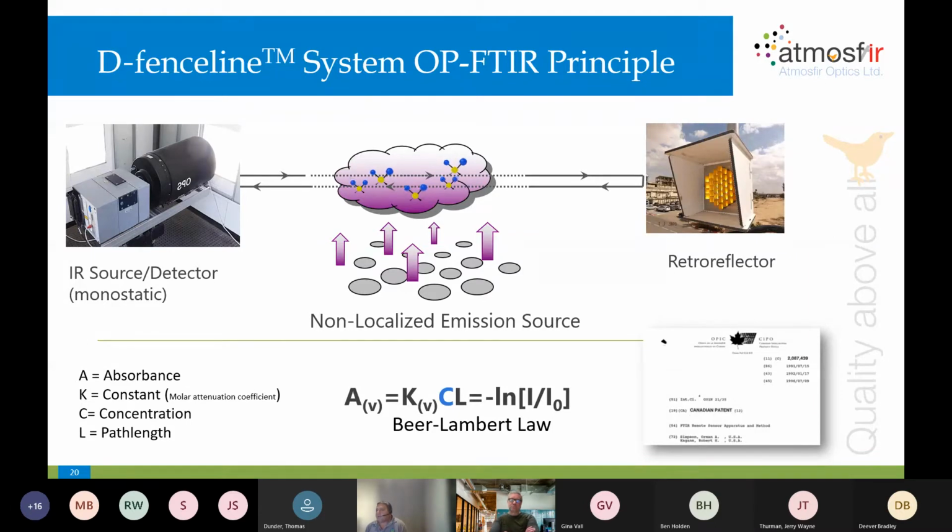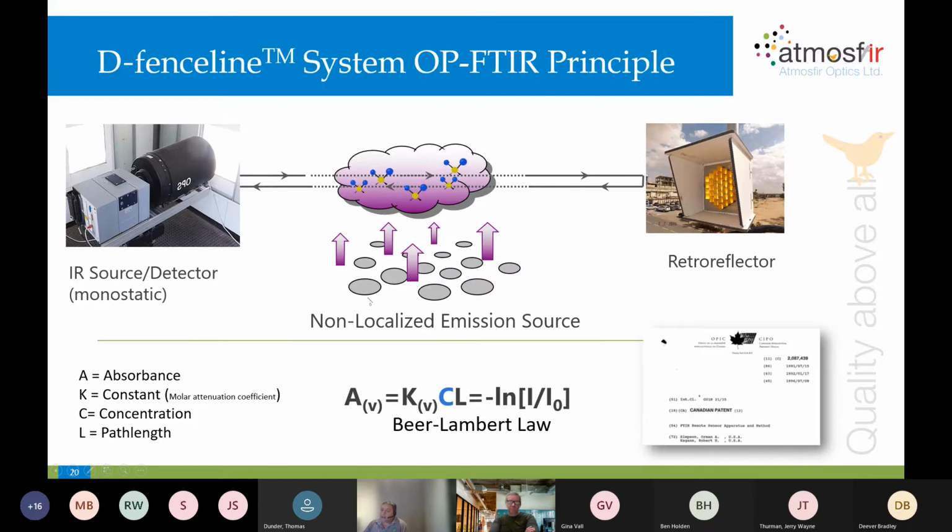We shine a beam of infrared light into a retroreflector. That's the golden mirror that you see on your right. The energy bends back. On the way, it reacts with the different molecule in the atmosphere that absorb lights in different region, and that's why we got different spectral signature for different compound.